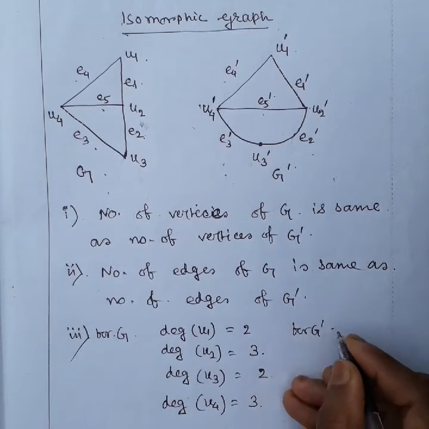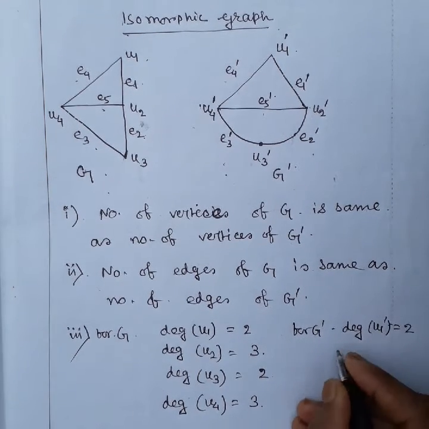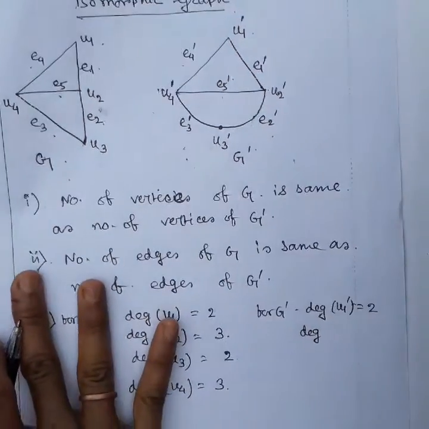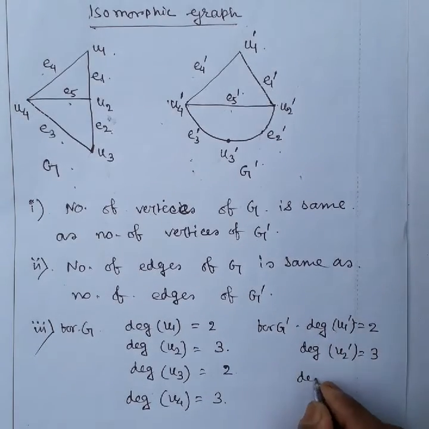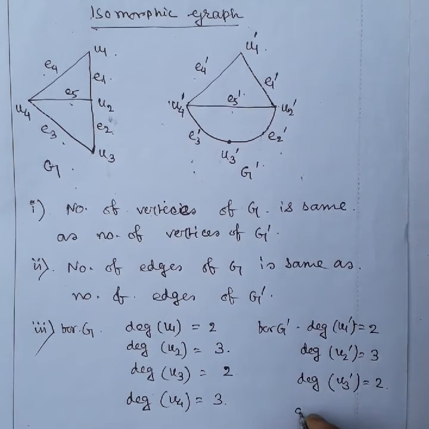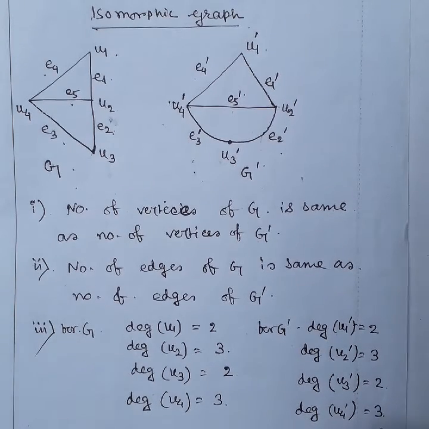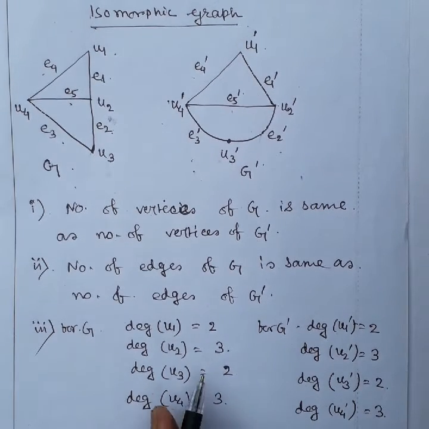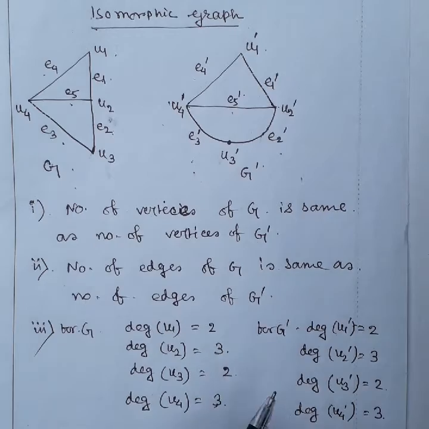And for G dashed, degree of U1 dashed is equal to 2, degree of U2 dashed is 3, degree of U3 dashed is 2 and degree of U4 dashed is also equal to 3. So in G there are two 2-degree vertices and two 3-degree vertices, and in G dashed also two 2-degree vertices and two 3-degree vertices.